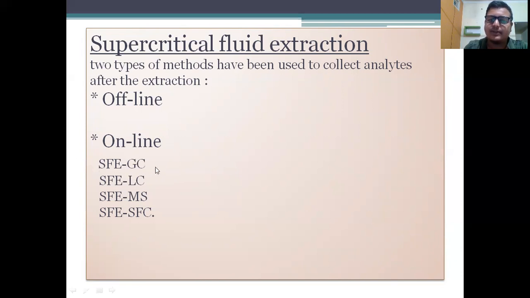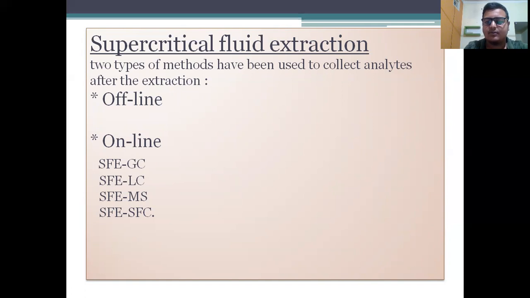The supercritical fluid extraction may be combined with gas chromatography in order to quantify and identify the various components. It may be combined with liquid chromatography, or with supercritical fluid chromatography itself, in order to quantify and identify the concentration of different components present in the given analytical sample.